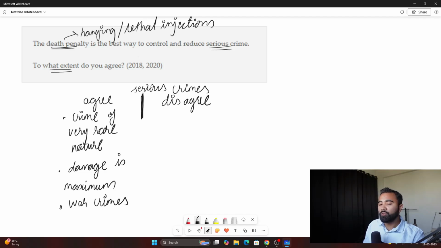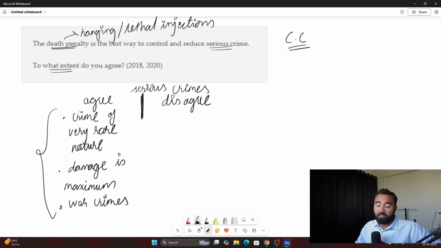Keep in mind you have to do this. Do not skip this point of planning your points. If you do, you will not get good bands in CNC, that is coherence and cohesion.